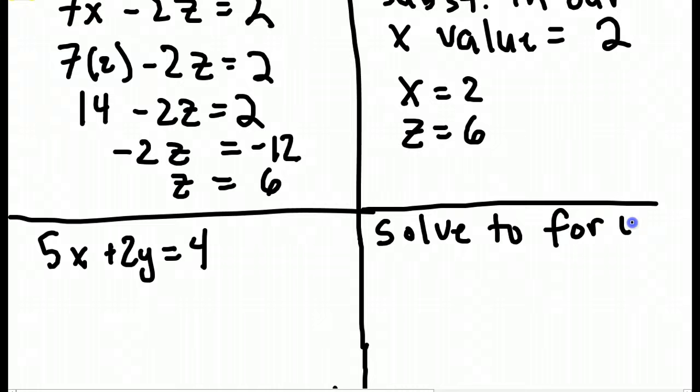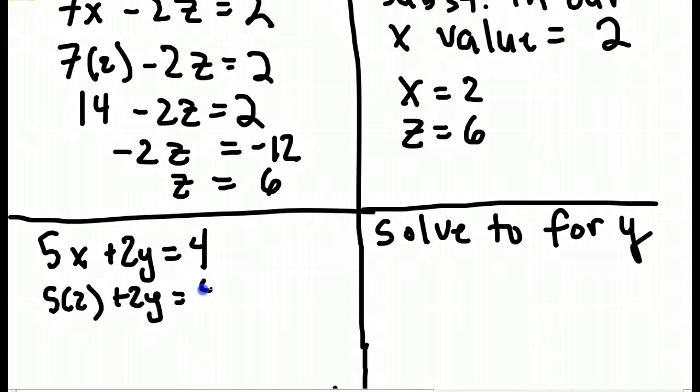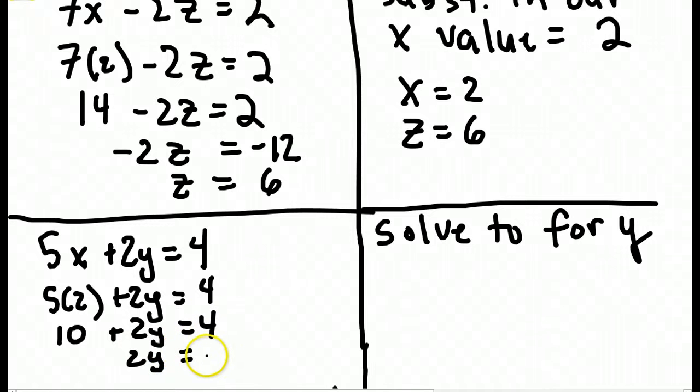Yes, we do. So let's put in our x value. 5 times 2 plus 2y equals 4. We have 10 plus 2y equals 4. 2y equals 4 minus 10, which is negative 6. So y equals negative 3.